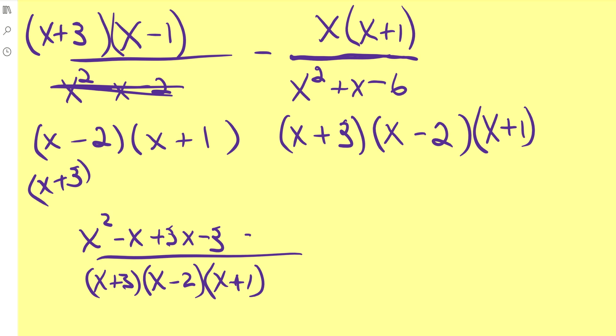Minus, now be careful here because it gets to be a little bit odd. If I took this negative and put it with the x there, I could say negative x times x, and that would give me negative x squared.